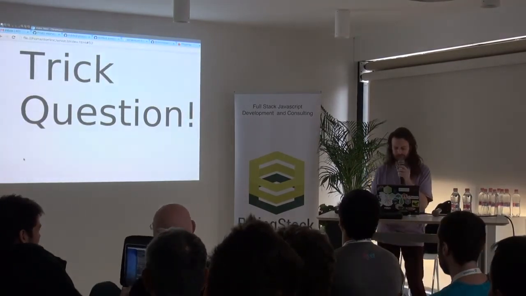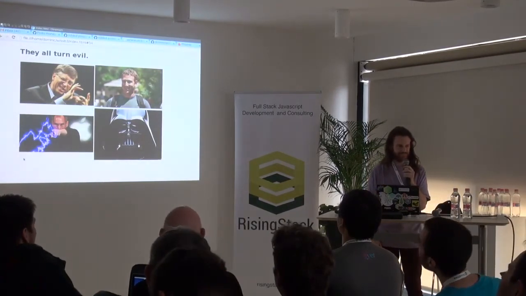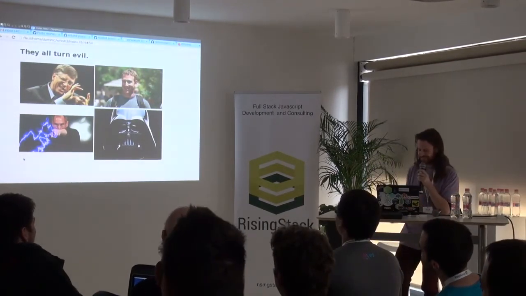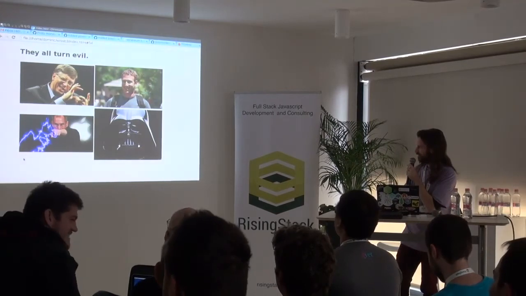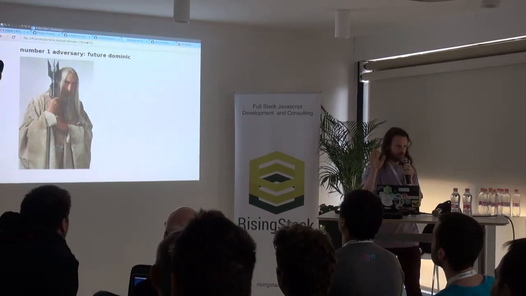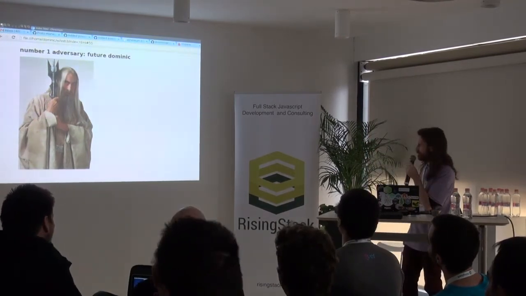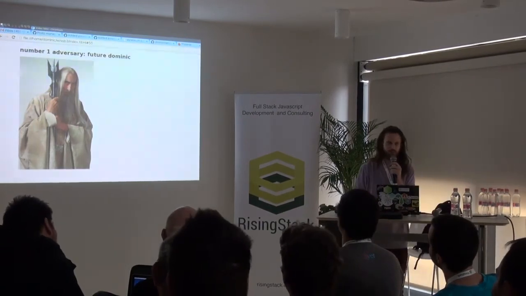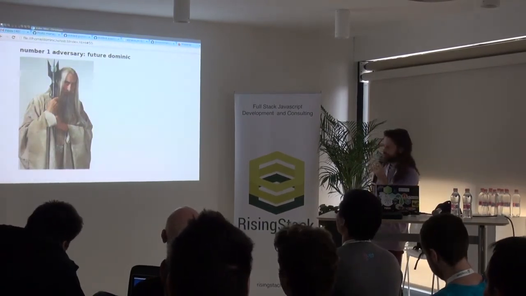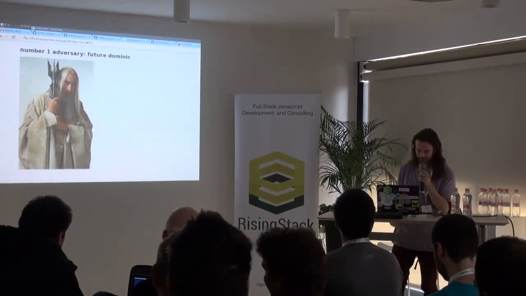It's a trick question. They all turn evil. So this brings us to the number one adversary for this crypto system: future Dominic. So we have to design a thing where me, from that looks like about 40 years, won't have turned evil.